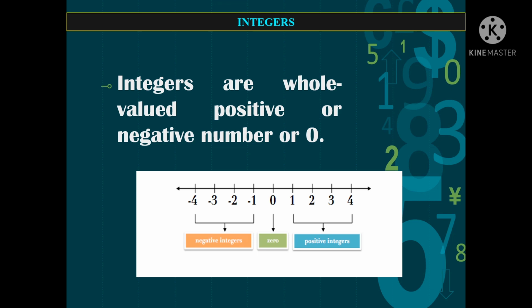Just like these examples: 1 to positive infinity, 0, and then negative 1 to negative infinity. Those are whole-valued positive or negative numbers, and they are considered integers. They do not have any fractions or decimals.